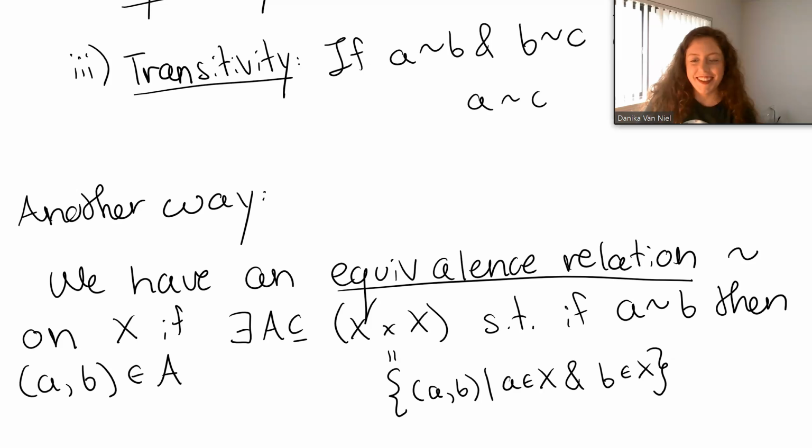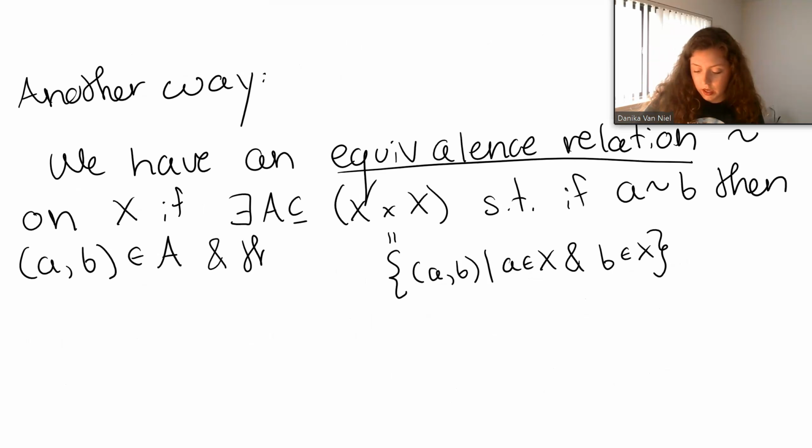How A is defined is: whenever little a twiddles little b, then the ordered pair (a, b) is an element in A, and those are the only elements in A. And the following statements are always true.